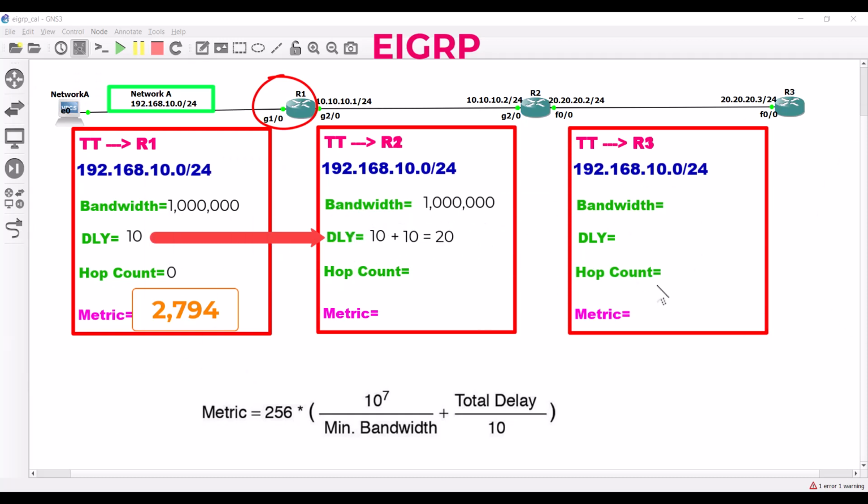As a result, total delay on this link is 20. And how many hops to reach the network A? There is only 1, right? So now if we replace the values, metric would be 3,072.